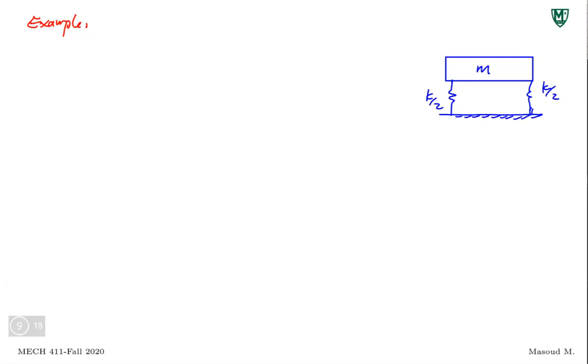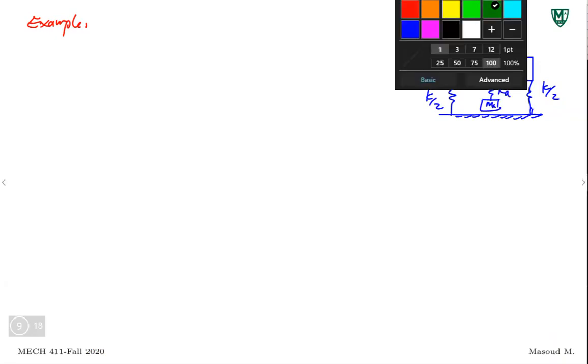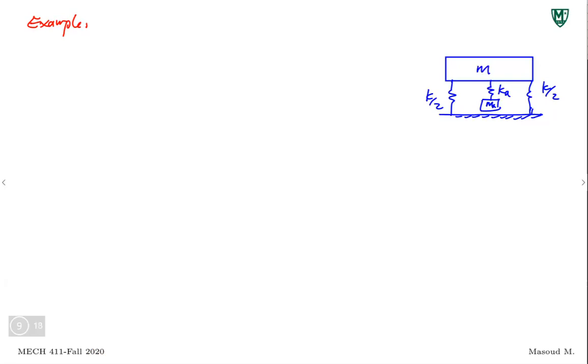And I added an absorber there, with mass MA and stiffness KA. Some force is applied to this system, and it's a sinusoidal force, so it's a harmonic force, F naught sine omega t.